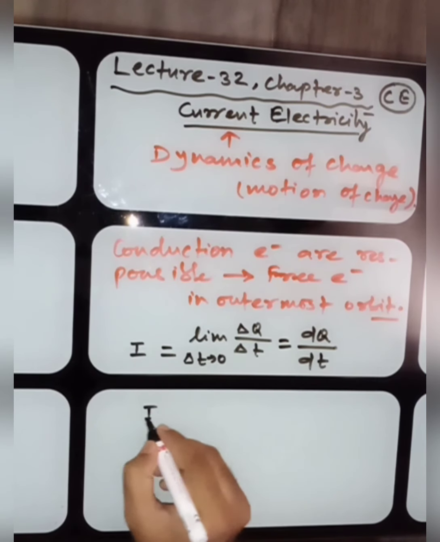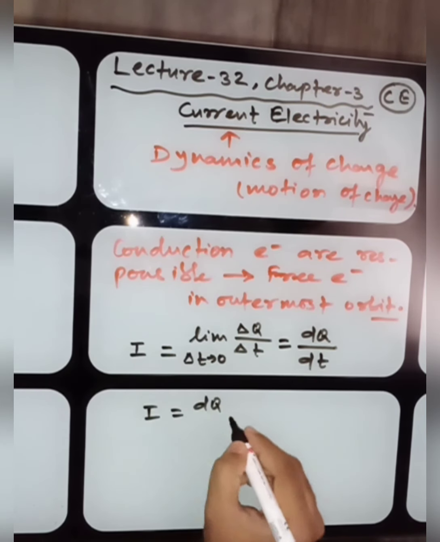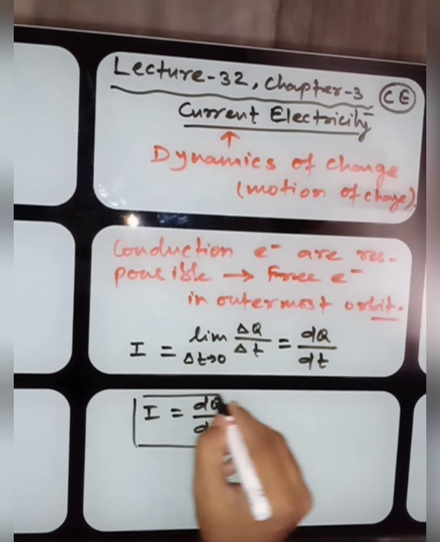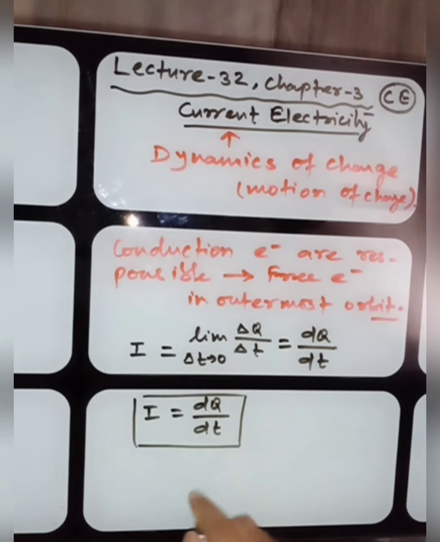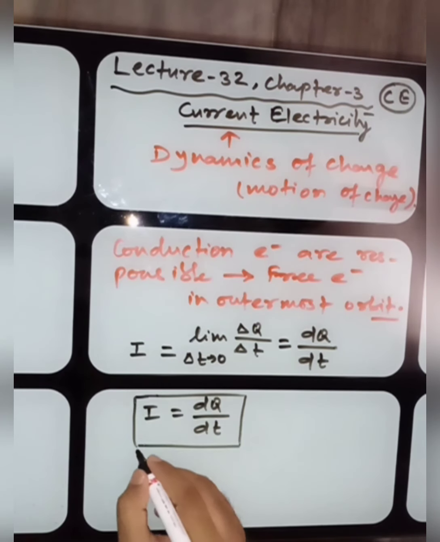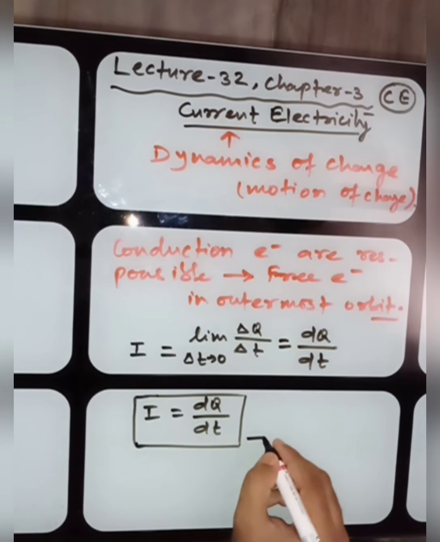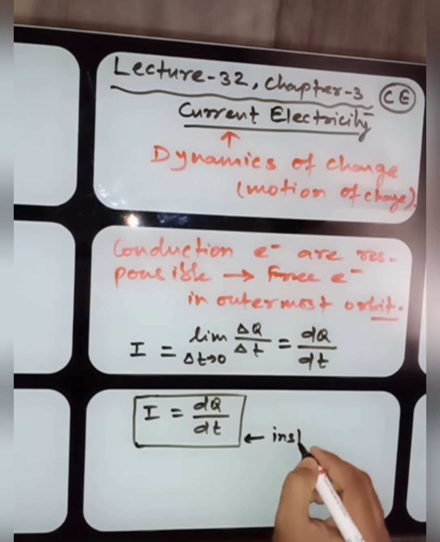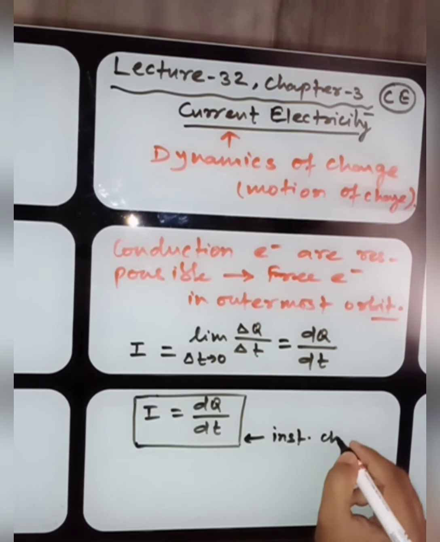So here I is dq by dt. Remember, this is the instantaneous current.